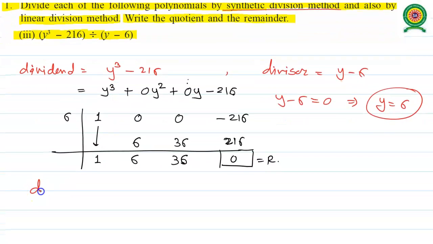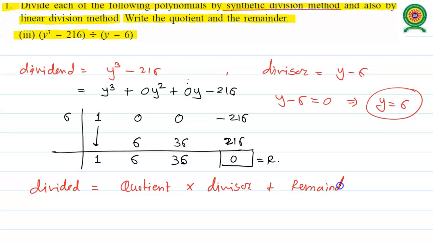So as per Euler's formulation, we can write dividend is equal to quotient into divisor plus the remainder. Now the dividend is y cube minus 216, which equals the quotient, which has degree less by 1 as compared to our dividend.